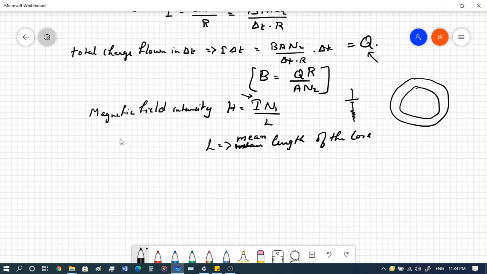Let's say you have a rheostat over here, and then you can connect an ammeter, and then you can connect the switch. So from here you can connect the primary, right. So by varying the rheostat, you can vary the current in this coil, and by varying the current you can vary the magnetic field intensity, and you can find the corresponding magnetic flux density for each value of field intensity, and you can plot the BH curve for any magnetic material.